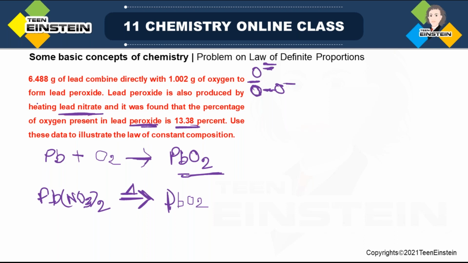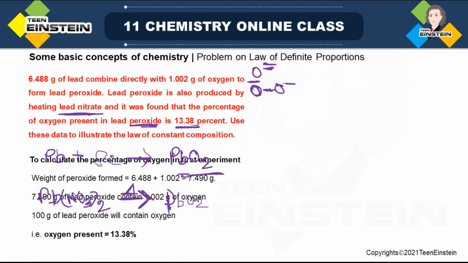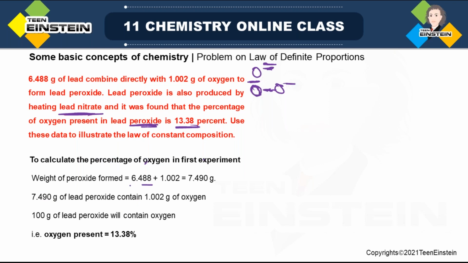So how can we do so? 6.488 gram of lead is combining with 1.002 gram of oxygen. So the total mass will be, simply add these two, because these two are the starting materials. So this is the total mass of PbO2. So 7.490 gram of PbO2 contains 1.002 gram of oxygen, but we have to find the percentage because we have to compare with this value.